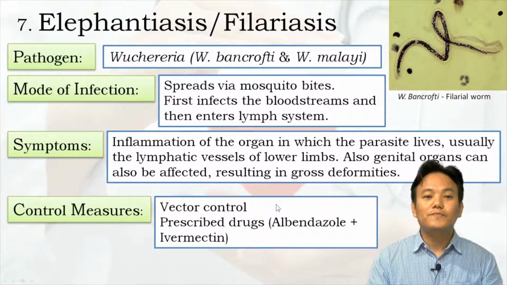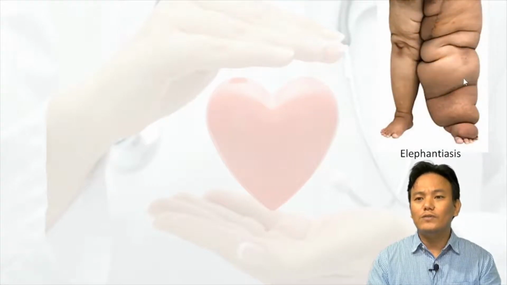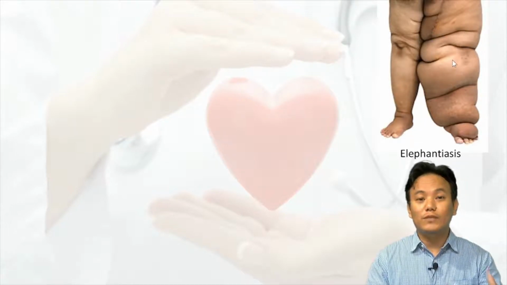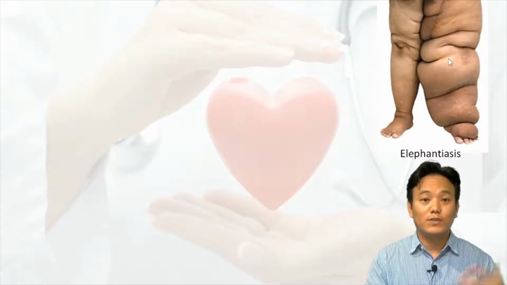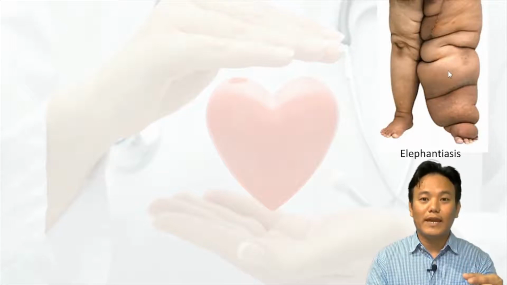Okay, so elephantiasis. If you take a look at the picture over here, this person is suffering from elephantiasis. The filarial worm resides within the lymphatic vessels of the lower limbs, and it causes complications like swelling of the limbs. And it's not just the swelling, the skin also turns thick and dry.